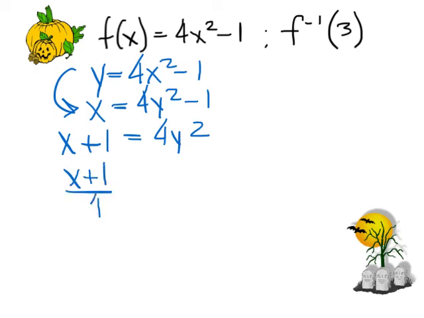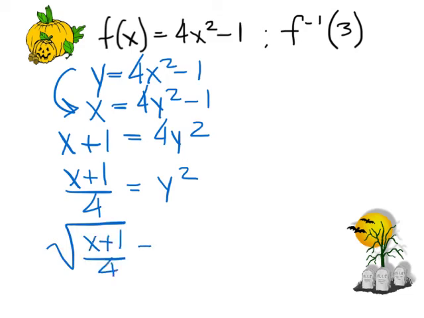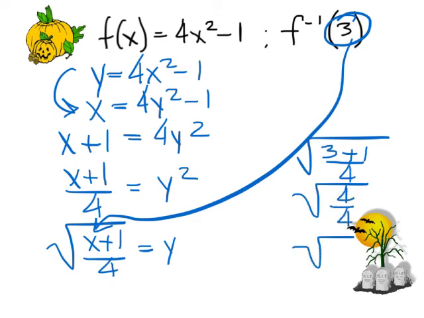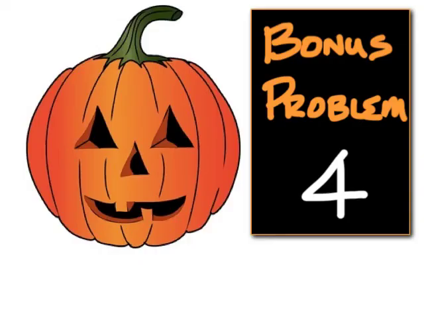Now divide by 4, and then you need a square root of both sides. Plug in 3 here. Square root of 3 plus 1 over 4 is the square root of 4 over 4, which is the square root of 1. Answer is 1.